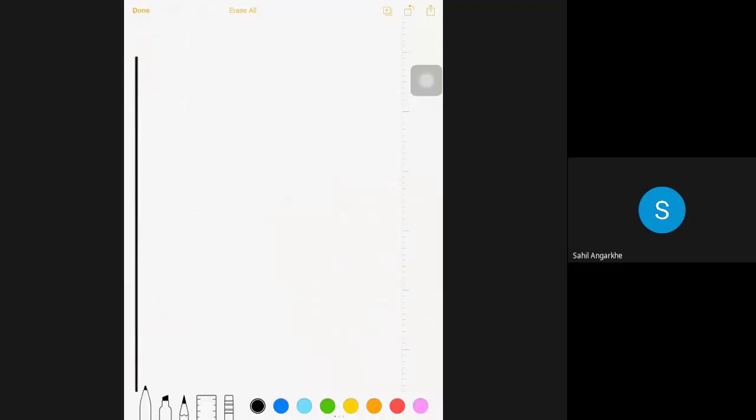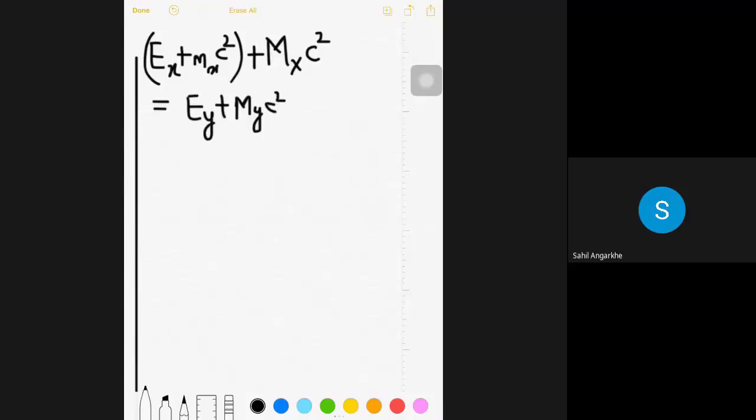It looks something like this: kinetic energy plus rest mass energy of the projectile plus rest mass energy of the target nucleus was equal to kinetic energy of the ejectile plus rest mass energy of the ejectile plus kinetic energy of the residual nucleus plus rest mass energy of the residual nucleus.